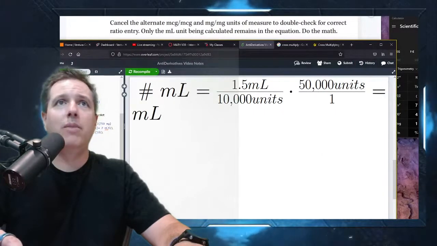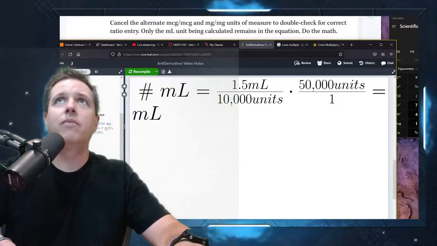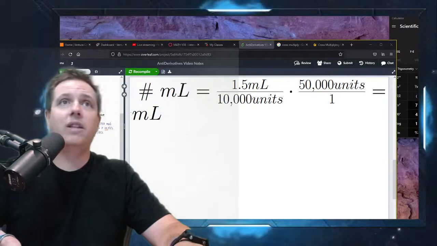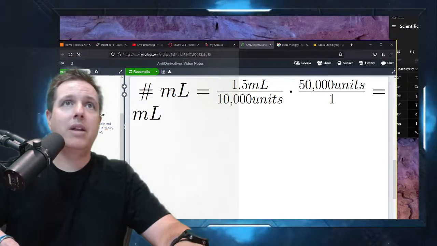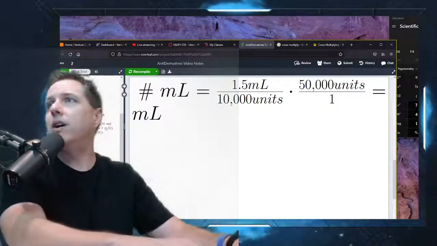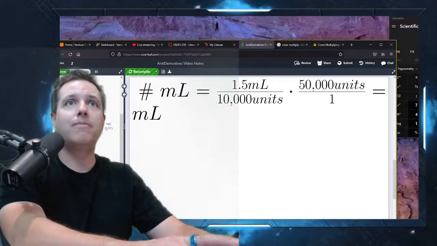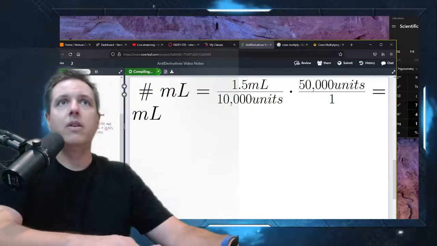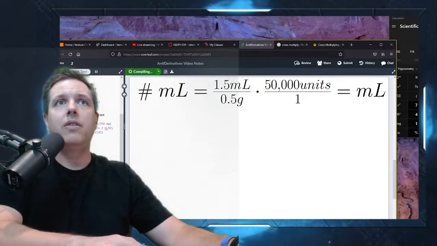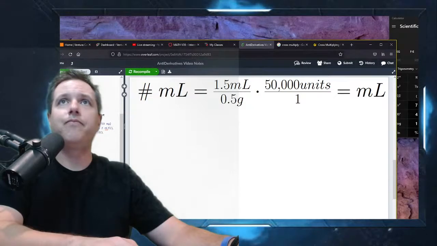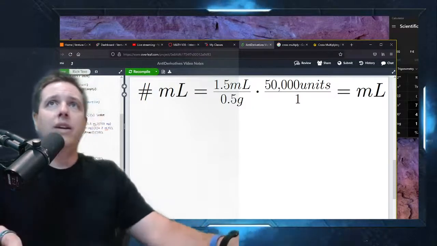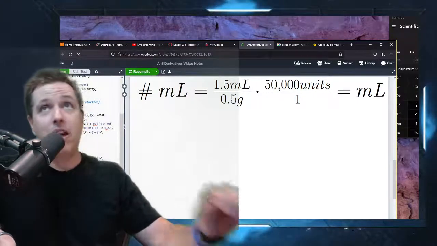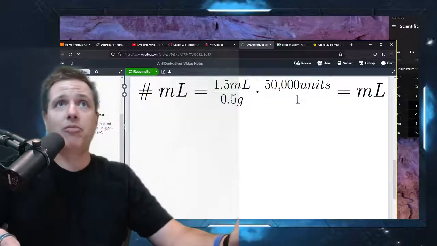Okay, so we know we want milliliters on top. Let me just move this then. So it's 1.5 milliliters, which I coincidentally already have there, but this is going to become 0.5 grams. And then over here, we can see we have grams on the bottom, and we want grams to then be on top up here where I have units from the previous problem.